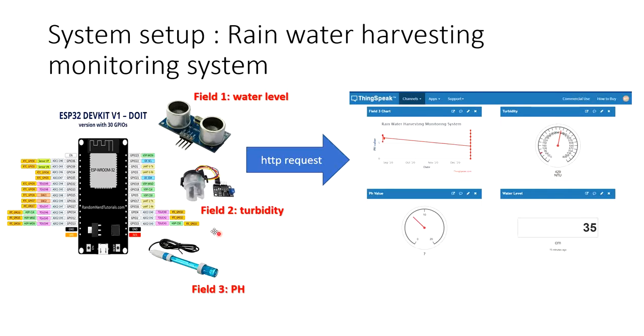The pH sensor will measure the pH value of the water, ranging from a maximum of 1 to 10, something like that. Usually the water is not very acidic, it is more on the alkaline side.